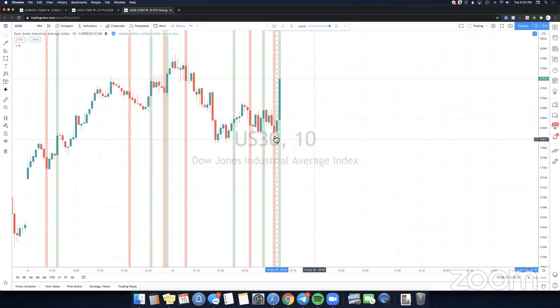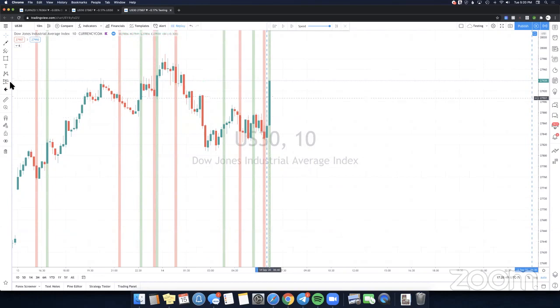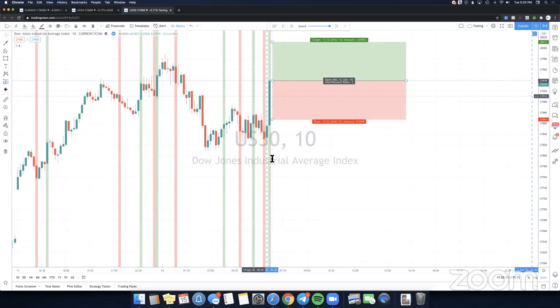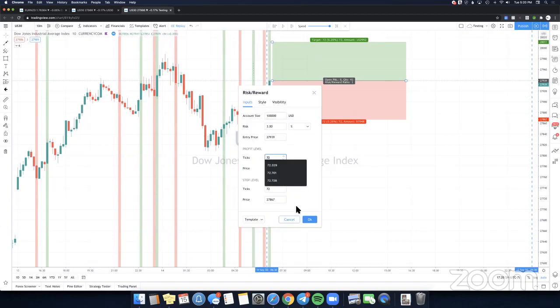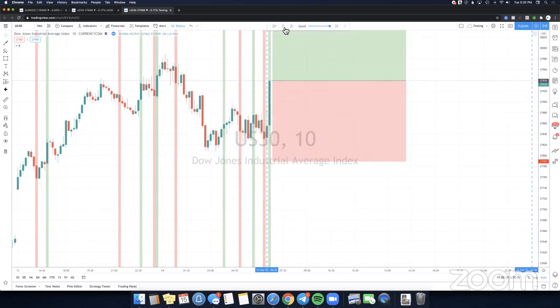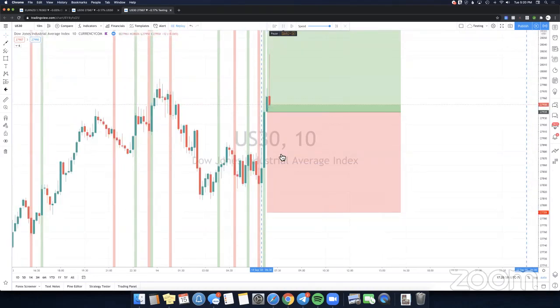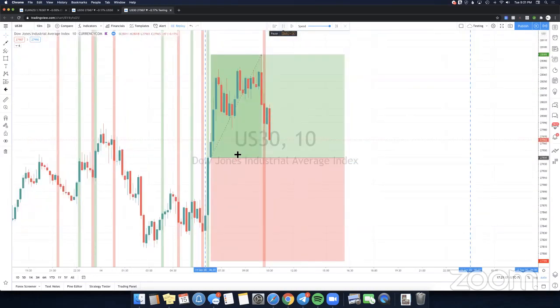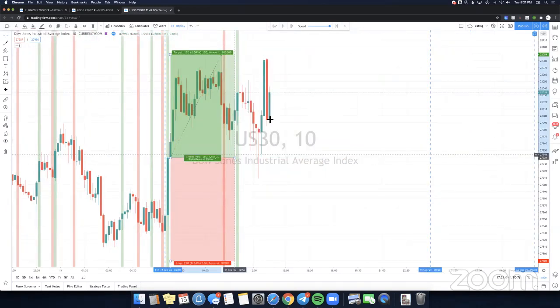But since we're so familiar with these momentum moves, we wait for the momentum confirmation after market opens, and then we set our entry right there, and then we take the trade. And this is how we're able to get into these trades at the perfect time, because we have the edge in the market where we're able to identify momentum swings.